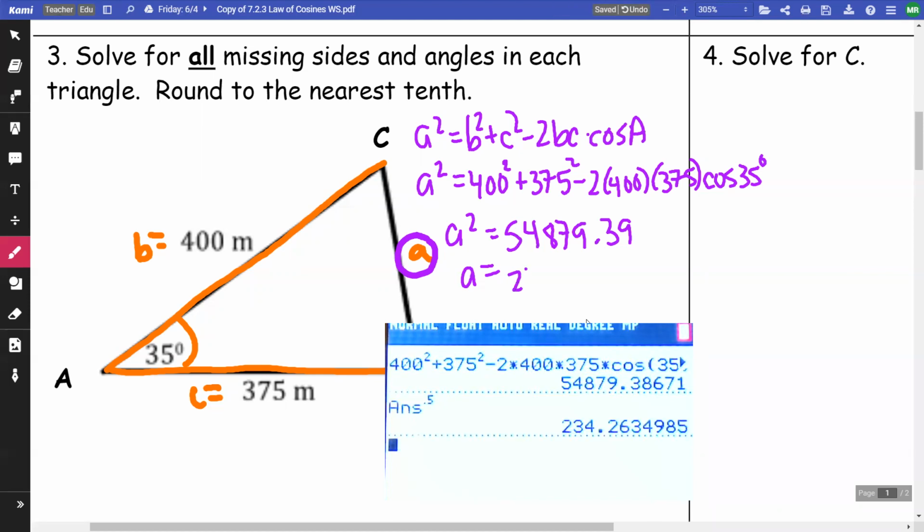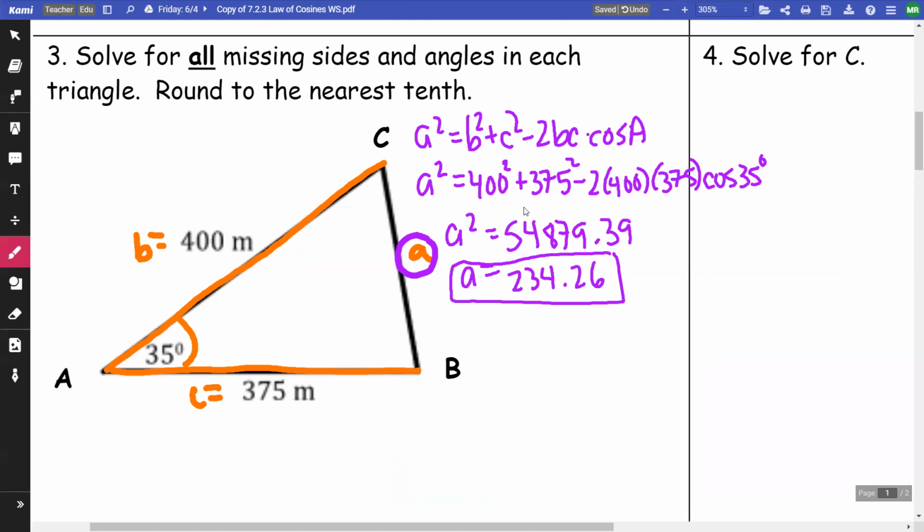And I end up getting 234.26 for side A. So now I know the angle and I know this A. Since I know a pair, I can... oh, and they actually want this to the nearest tenth. So I'm going to change this to a 234.3. Okay, I didn't read that, nearest tenth.